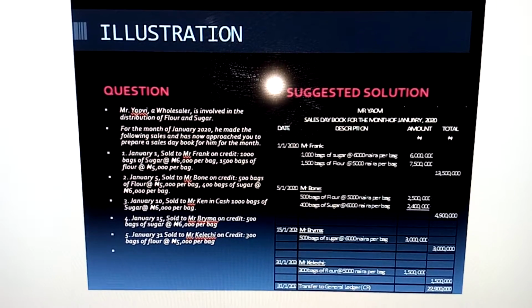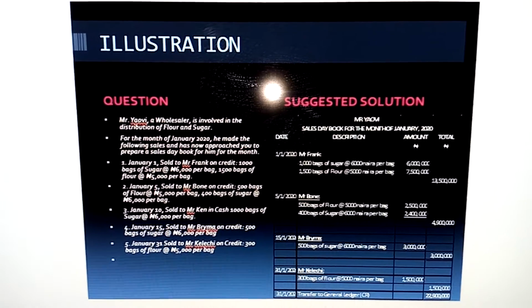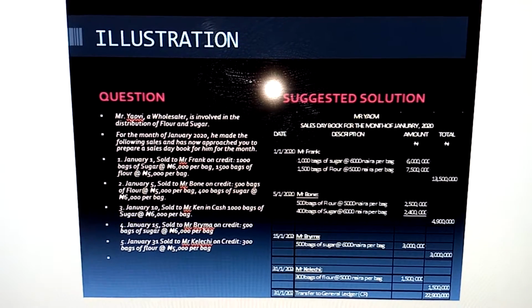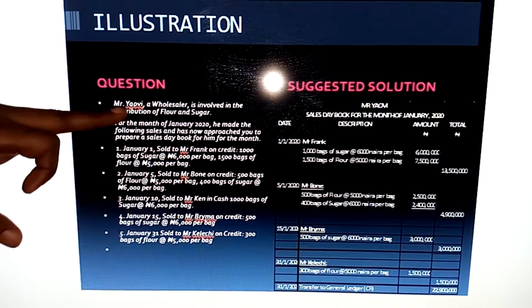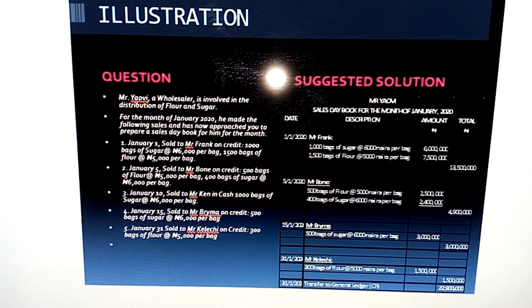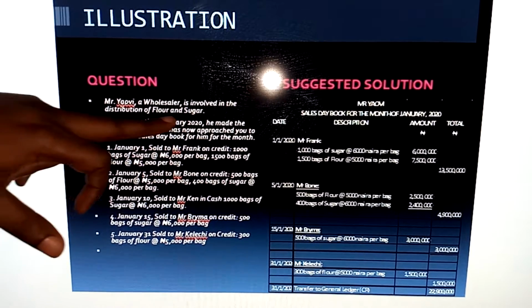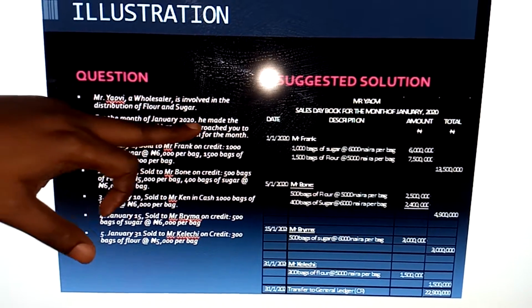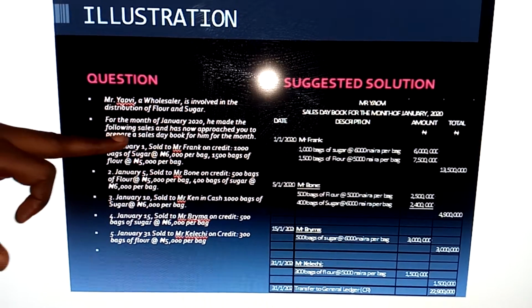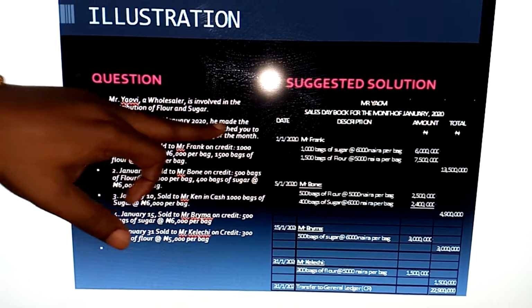As I was saying, this is an illustration. Mr. Yaovi, a wholesaler, is involved in the distribution of flour and sugar. For the month of January 2020, he made the following sales and has now approached you to prepare a sales day book for him for the month.